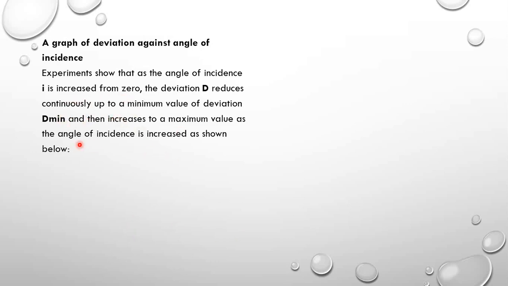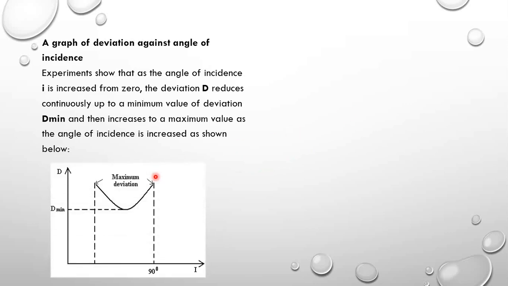We need to know that from experiments, when we plot the graph of deviation against the angle of incidence, as the angle of incidence increases, the angle of deviation decreases until a point which we call D min, or the minimum deviation, where as we increase the angle of incidence further, the angle of deviation will also be increasing. So the graph will look like this.